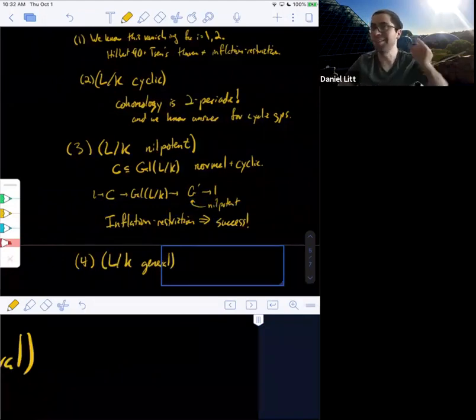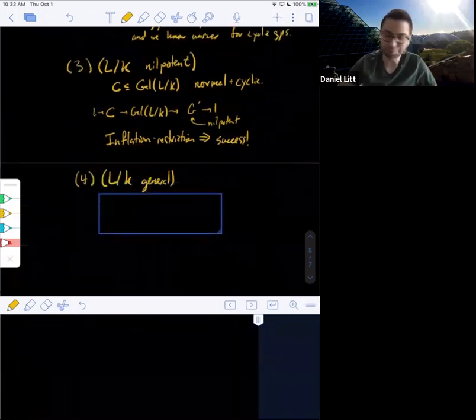There's some kind of general technique in group cohomology, which is really fun. Yeah. So what are your favorite examples of nilpotent groups? Does anyone have a favorite example?